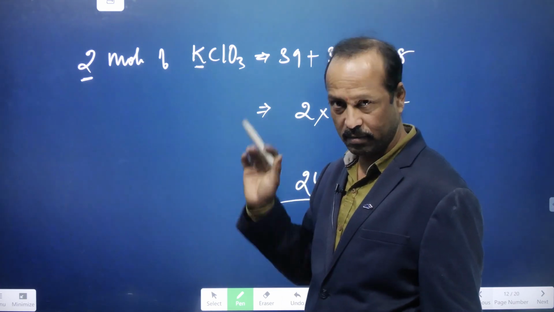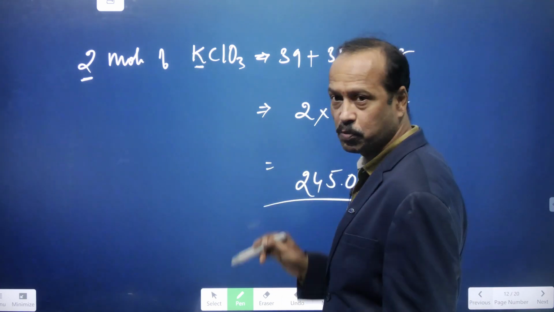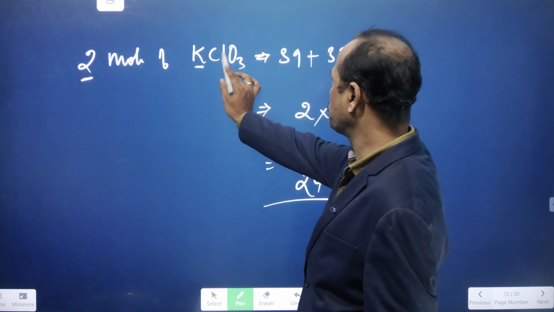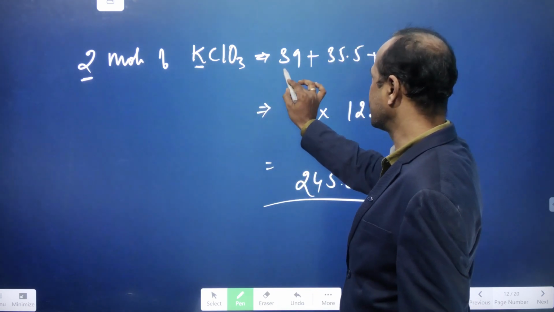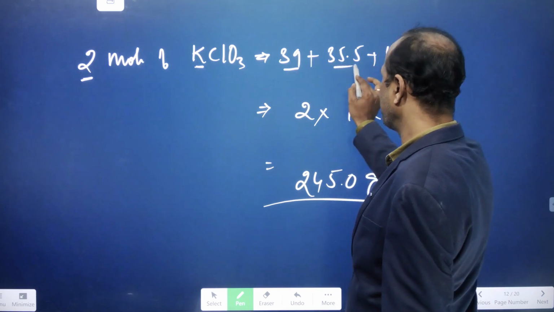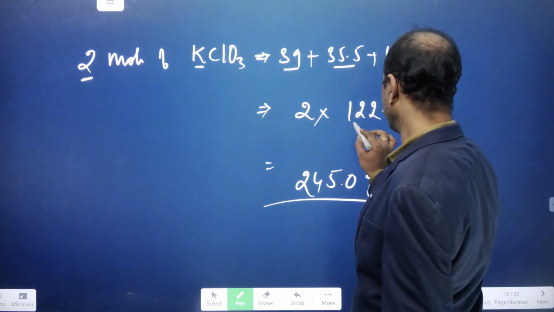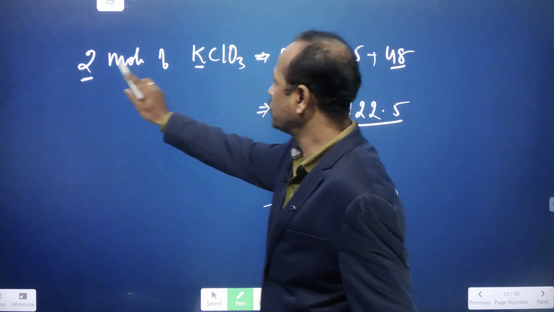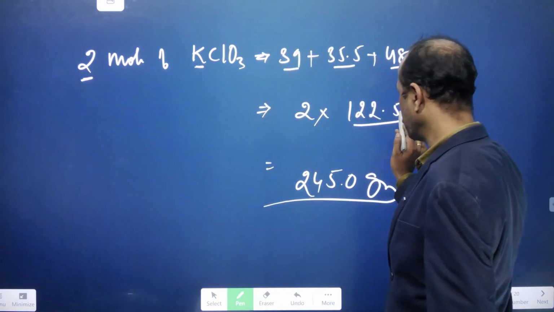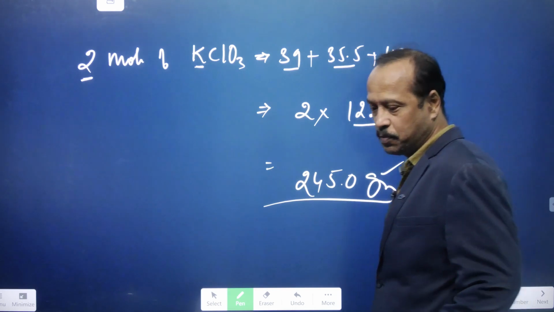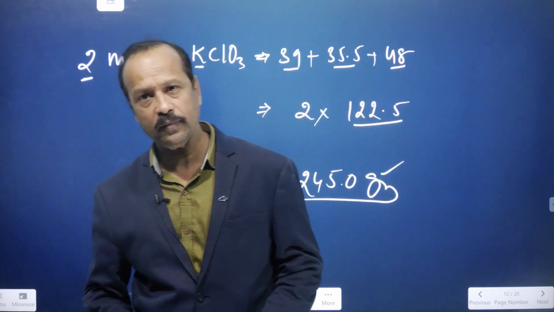Potassium atomic weight is 39, chlorine is 35.5, 3 oxygens is 48. If you add, you will get 122.5, and 2 moles are there. So 2 into 122.5 is 245. Like this, just pause and do it.